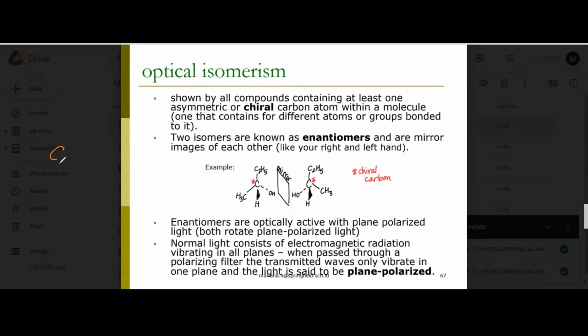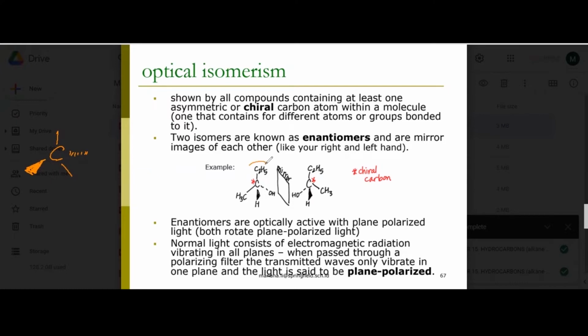You should draw the solid wedge to show that this bond comes out from the paper to the observer, and then this is the dash, which means this bond is going into the paper, and this solid line shows the bond on the plane. So this is how we draw the 3D formula in tetrahedral form.